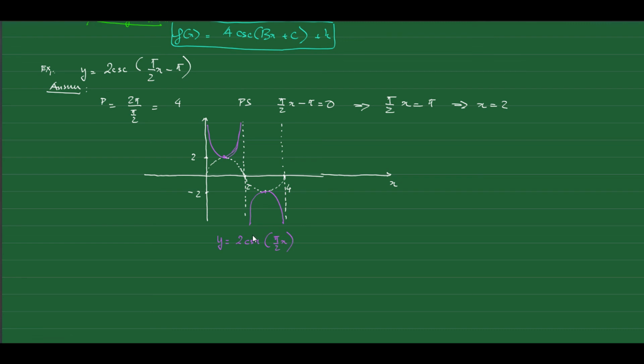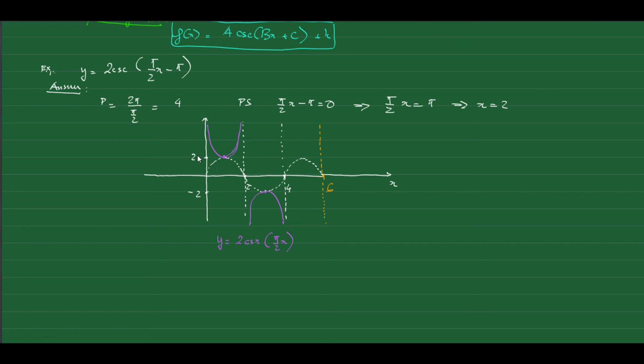Now we're going to move it to the right 2 units, so everything moves to the right 2 units. So we're going to have 2, 4, 6 over here. Over here they don't put any restriction or tell you how far to sketch, so I just sketch one revolution only. This is for sine.